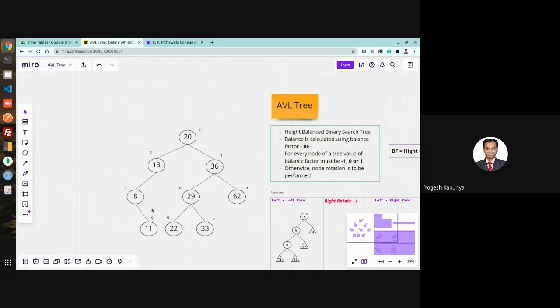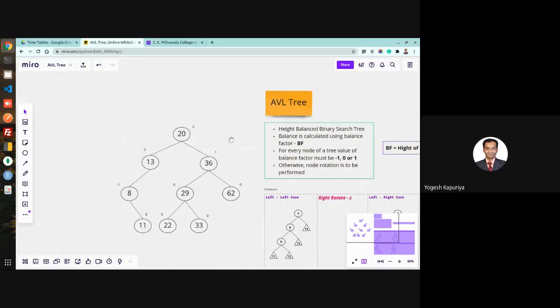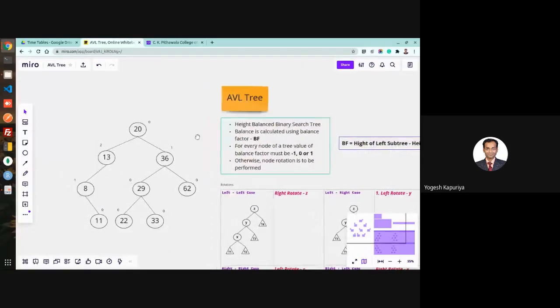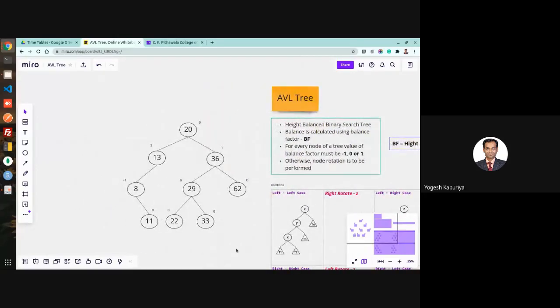Again, you calculate for this height of left subtree 1, 2, and 3. And height of right subtree, again it's 1, 2, and 3. So 3 minus 3 is 0. So this is how we calculate the balance factor.